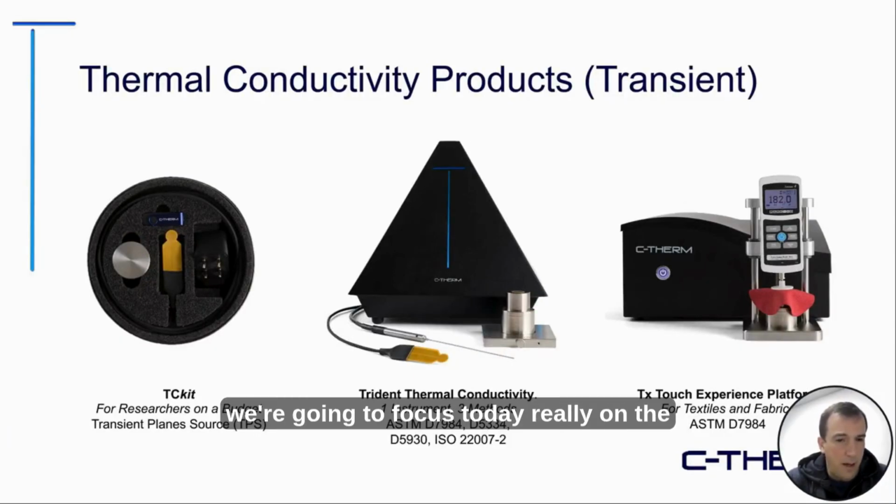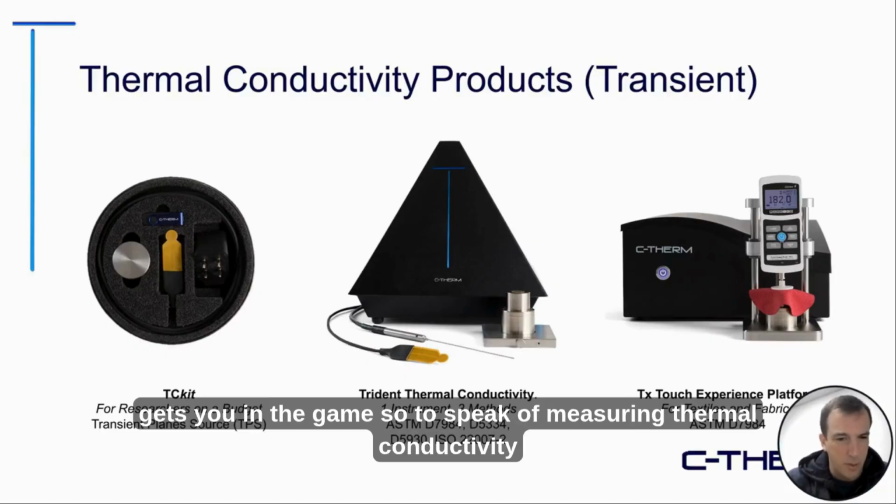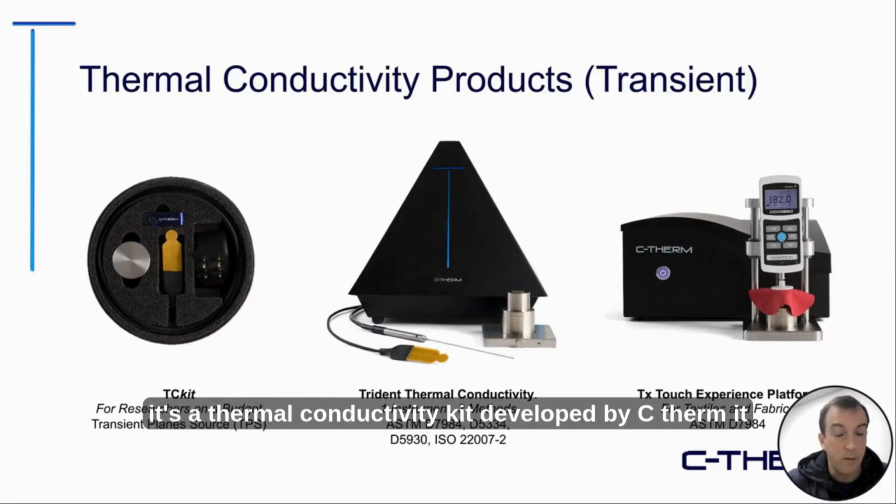Our core product line, we're going to focus today really on the one on the left. It's a low-cost, entry-level system that gets you in the game, so to speak, of measuring thermal conductivity. It's a thermal conductivity kit developed by C-Therm.